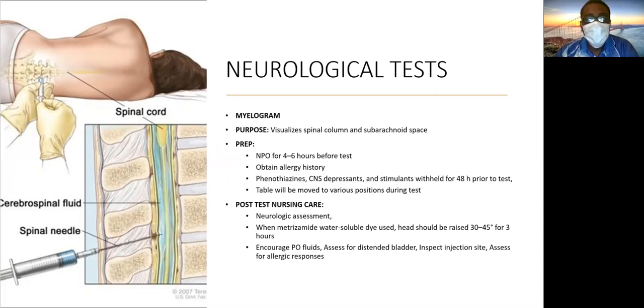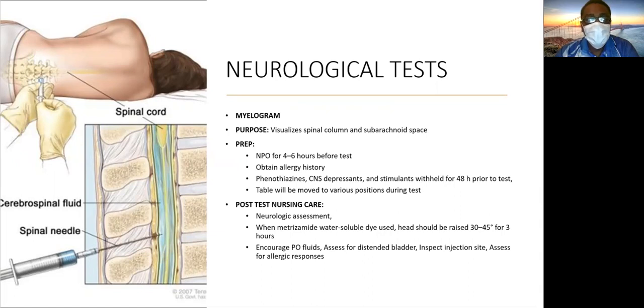Again, informed consent is required. Explain the procedure. You want to keep the client nil per oral for between 4 to 6 hours before the test. Obtain allergy history. Phenothiazines, CNS depressants, and stimulants should be withheld for 48 hours prior to the test. Again, you need to inform the client that the table will be moved to various positions during the test. So that should be expected.